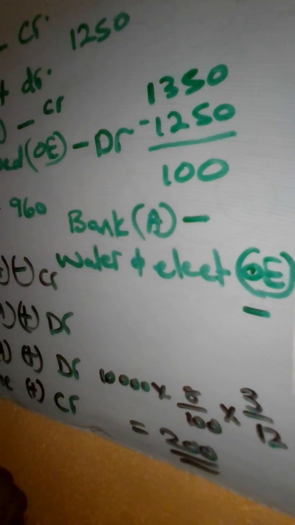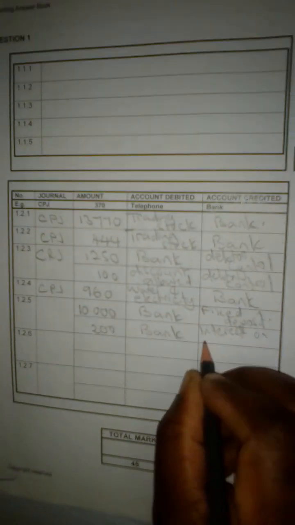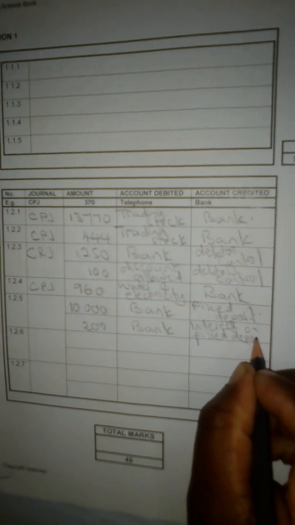So our interest is 200 rand, coming back to the bank account, and the account to be credited is interest on fixed deposit, or interest income. I hope you fully understood that one. Now we are moving on to 1.2.6.